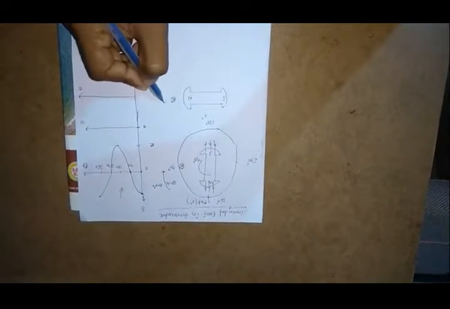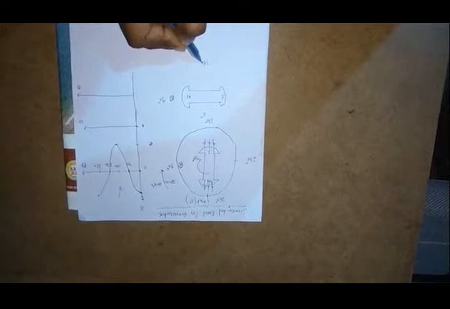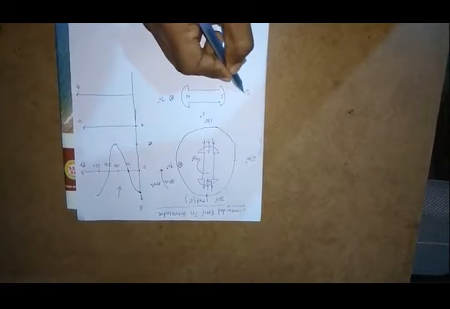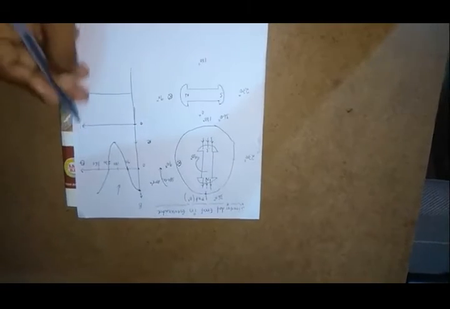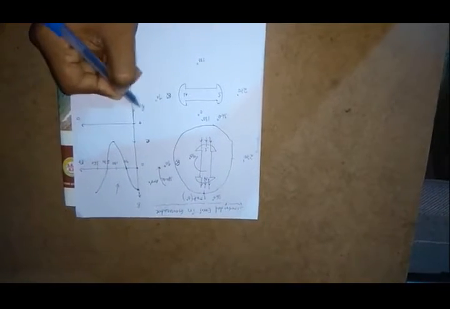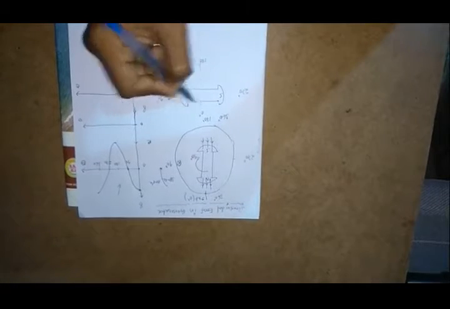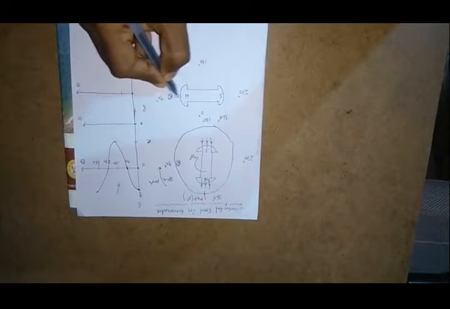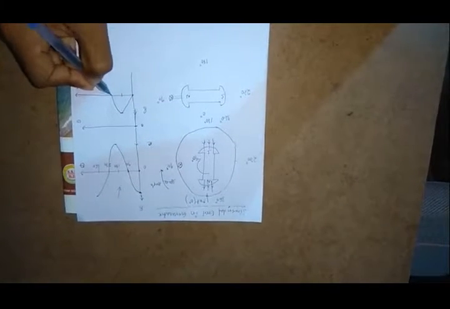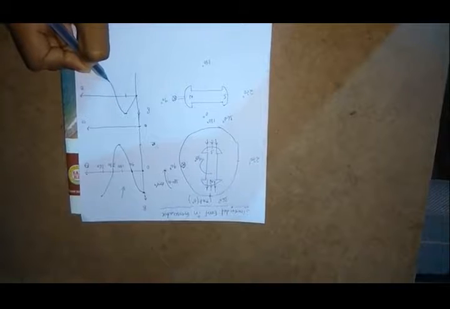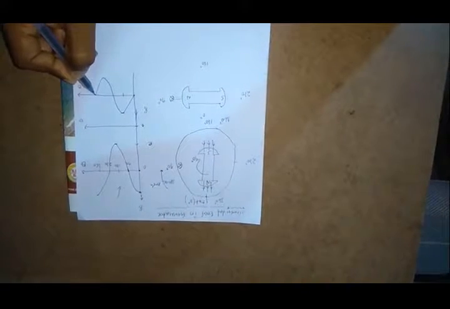This is 0 degrees, 90, 180, 270, and again 360 degrees. And now how will the flux density B be? At 0 degrees there is no flux, it will be 0, and at 90 degrees maximum flux is there, so maximum flux density. At 180 no flux, it will be 0. At 270 negative flux, and 360 will be like this.